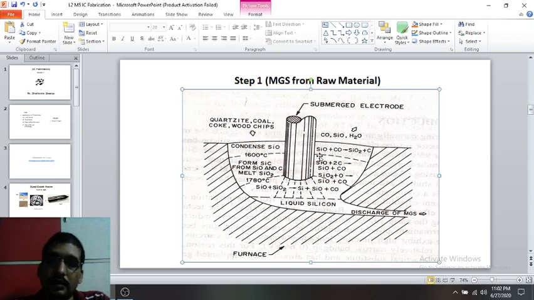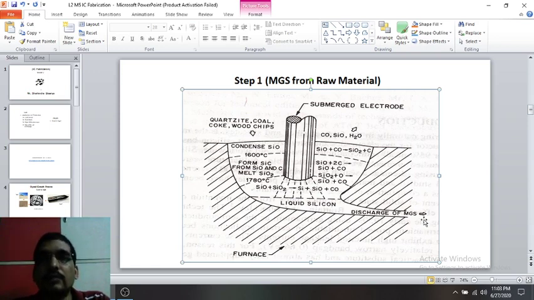The major chemical reactions are: SiO plus CO forms SiO2, then SiO2 plus 2C forms SiO plus CO, SiO2 plus C forms SiO plus CO, and finally SiO plus SiO2 forms Si plus SiO and CO, where SiO, CO and H2O come out in gaseous or liquid form, and Si comes out from this path, known as MGS.